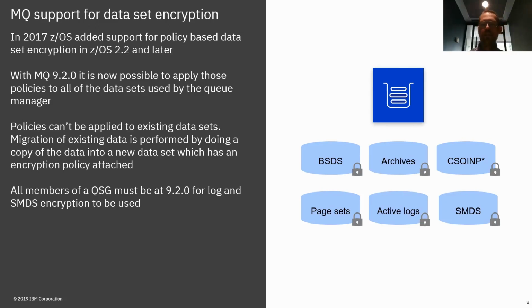And so from 9.2.0, it's now possible to make use of this policy-based dataset encryption for all of our datasets. So if you think of a z/OS queue manager, we have the bootstrap datasets. They've been encryptable using policy-based dataset encryption since 2017. The archive logs, which is where your message data is going to be, have been encryptable since 2017 as well. But we now also support the page sets, the active logs, and SMDS being encrypted as well.